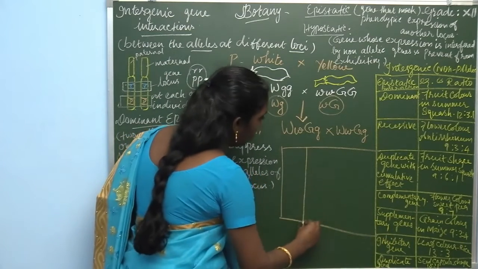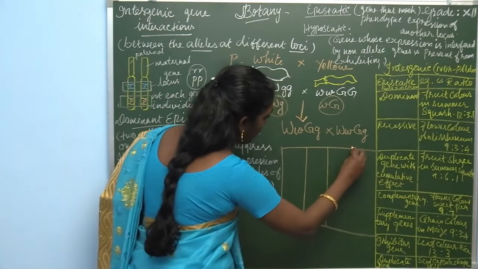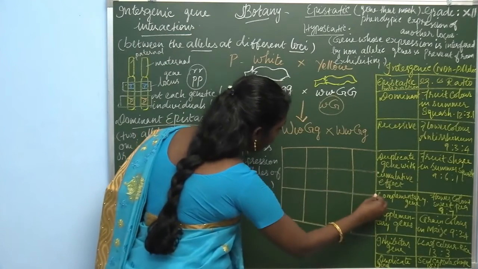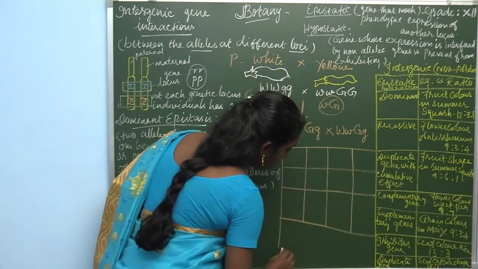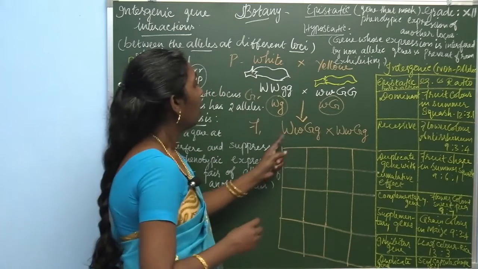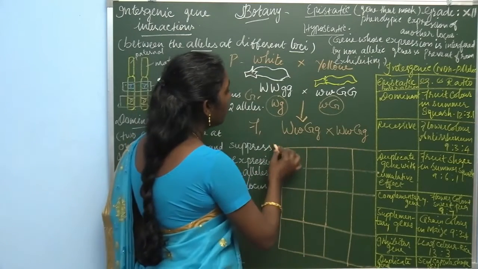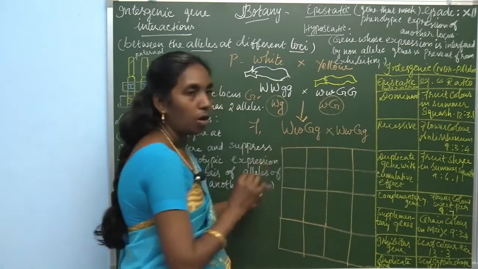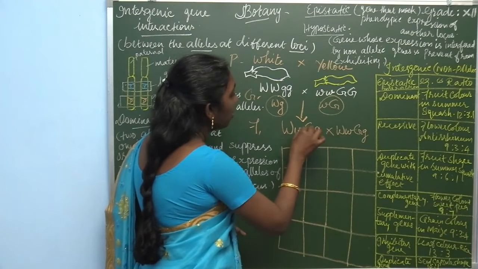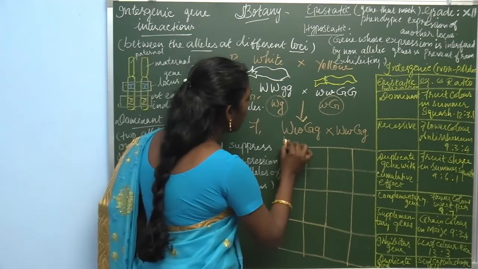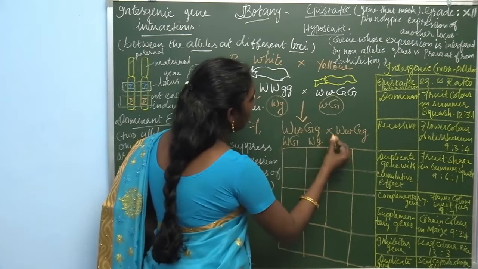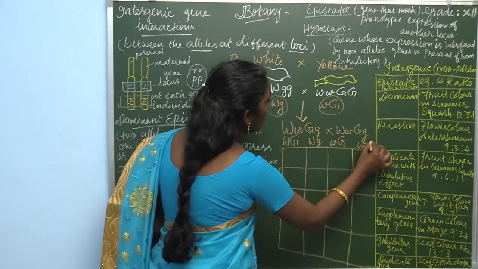Here it produces 16 different offspring. Draw the columns and take out the gametes. Here the possible gametes are capital W, capital G; capital W, small g; small w, capital G; small w, small g.